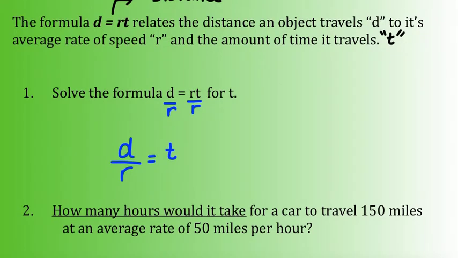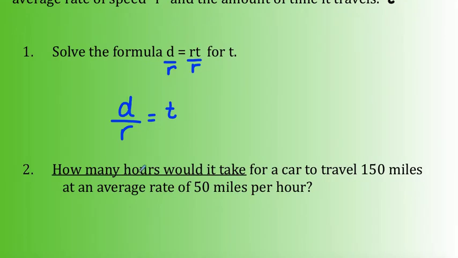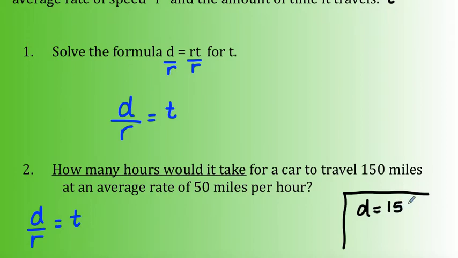Here's an example of where we would use that. How many hours would it take for a car to travel 150 miles at an average rate of 50 miles per hour? Remember, when we are taking a formula and solving, we should fill out all the variables. I'm going to make a little side chart, which I want to see you do. d is my distance, which is 150. r is my rate, so 50. And I'm looking for t, so t is my unknown.